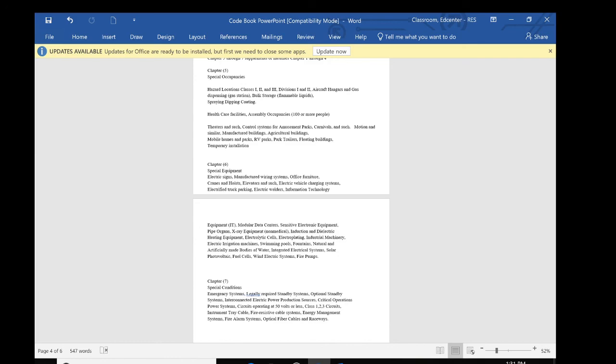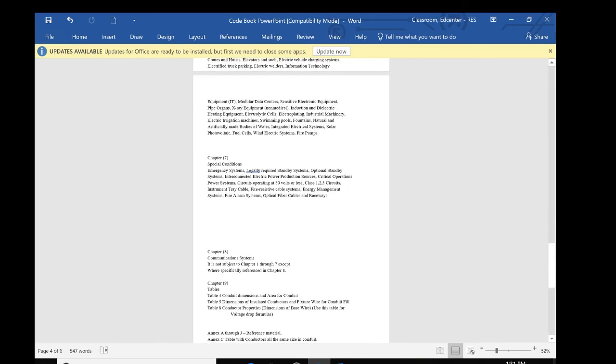Chapter 7 is special conditions, legally required systems. So you have 3 different types in Chapter 7 special conditions. You have emergency system. Emergency system would be like a hospital or intensive care unit or something like that. So if it were to go off, somebody could potentially have harm or die.